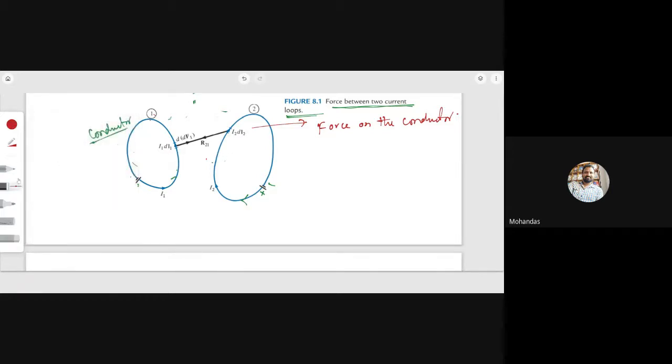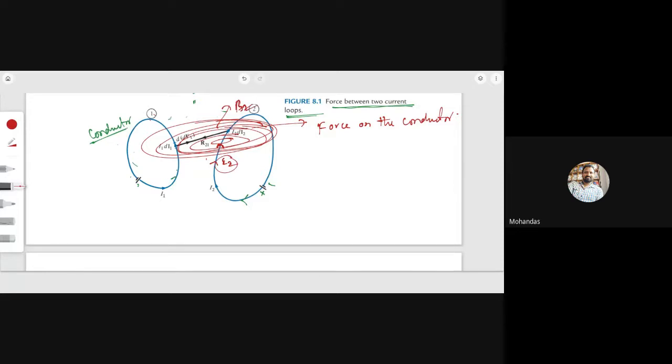Similarly, let me take it a different way. Now let us see this. Now I2 current is flowing. So when this I2 current is flowing, according to the Oersted experiments, around this conductor also there is a magnetic field B2. As this I2 current is flowing, let us say this is B2.